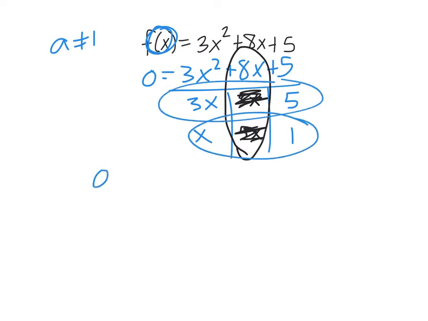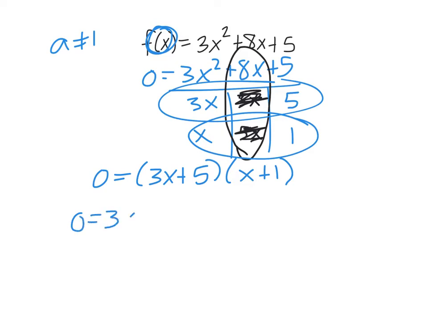So 0 equals 3x plus 5 times x plus 1. Those are my two factors, right? Now the last step here, of course, is we set them each individually equal to 0. So we have 0 equals 3x plus 5, and 0 equals x plus 1.